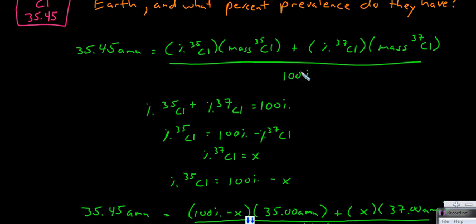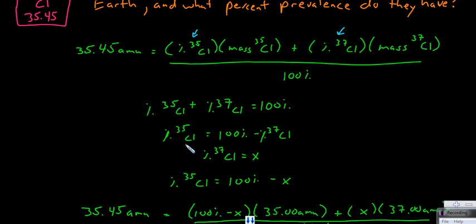You can plug in here, but you would have two variables, percent chlorine-35 and percent chlorine-37. Having two variables, this problem is very difficult. However, those variables relate to each other. Combined, they would both be equal to 100%.